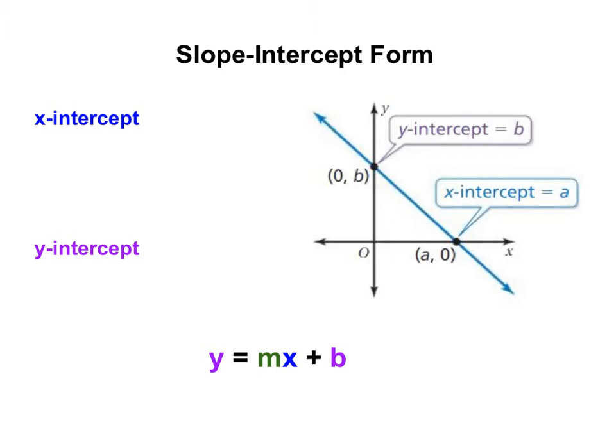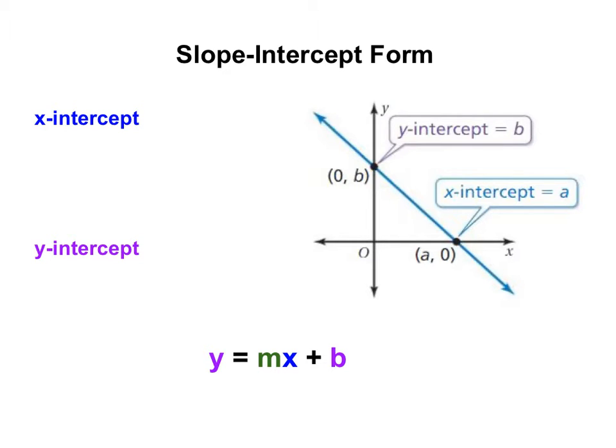First thing is, what is an intercept? An intercept occurs when your line, whatever the line is, crosses the x-axis or the y-axis. If it crosses the x-axis, the point where it crosses is called the x-intercept, and the point that describes it is (a, 0).